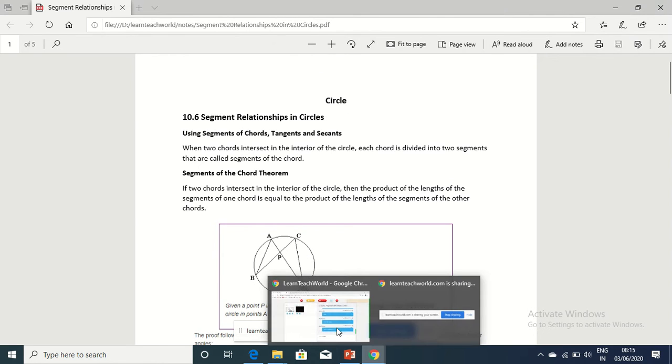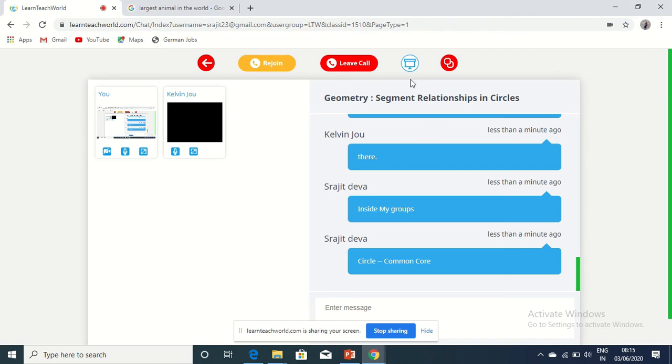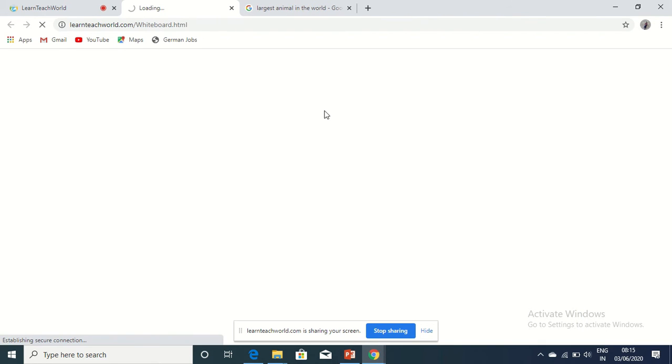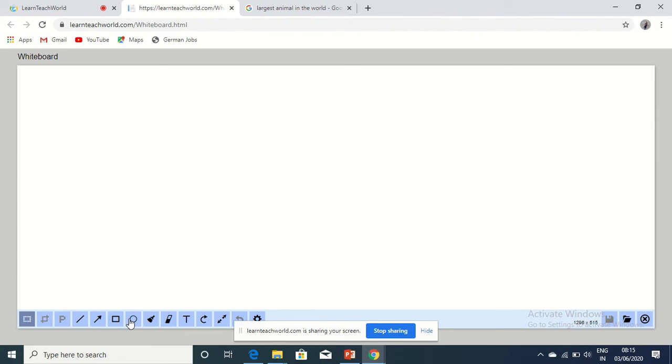Let me show you on the whiteboard. Suppose you have a circle like this, and I create two chords, one like this and the other like this.